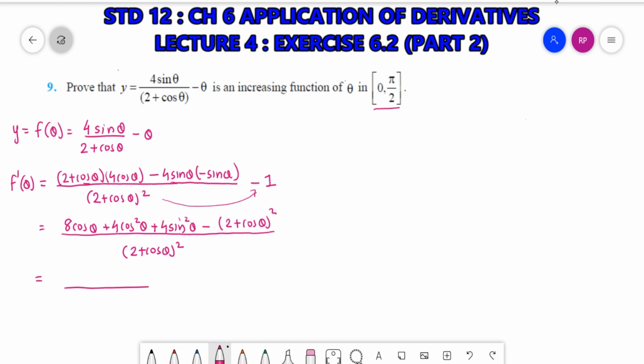So this will be equal to 2 plus cos theta whole square in the denominator, 8 cos theta plus, I can take 4 common, cos square theta plus sin square theta, minus 2 plus cos theta whole square, a plus b whole square. So 2 square 4, plus 2 into cos theta, 4 cos theta, plus cos square theta.